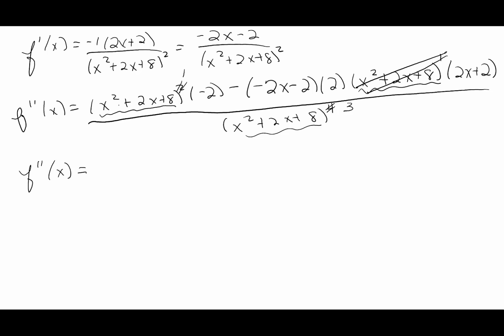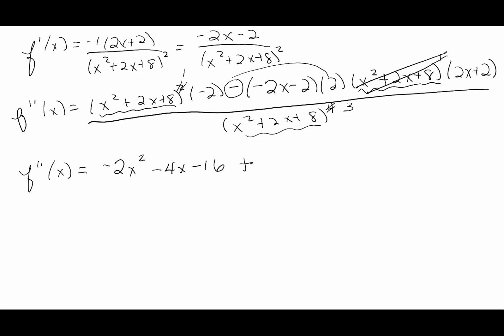So my first term, x squared plus 2x plus 8 times -2 gives me -2x squared minus 4x minus 16. I'm going to do the second part in a couple steps because I feel like it needs it. So first I see this negative and 2, I'm going to make this like a -2 and multiply -2 times -2x minus 2.